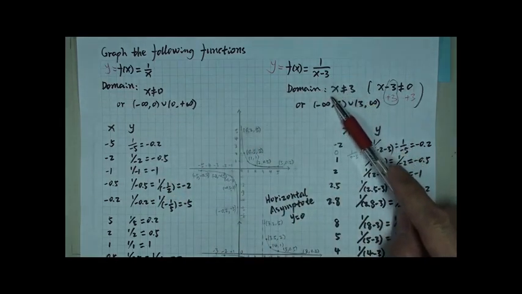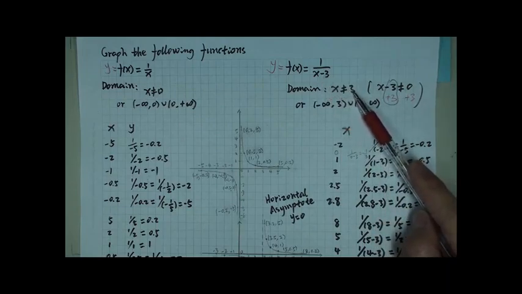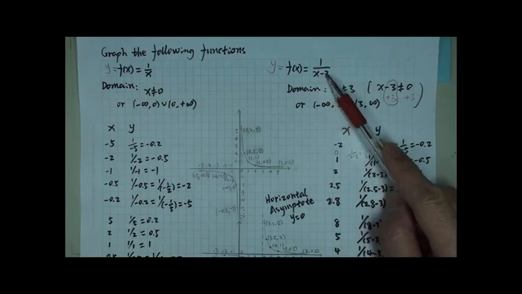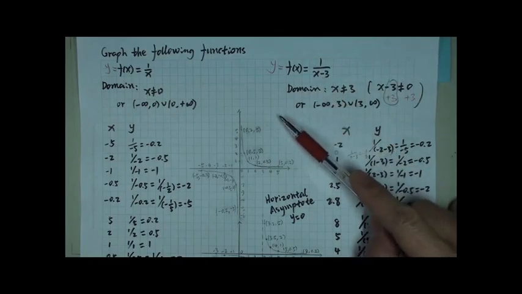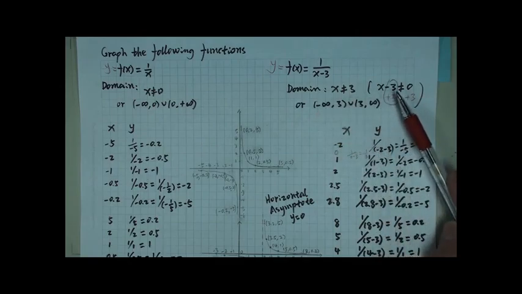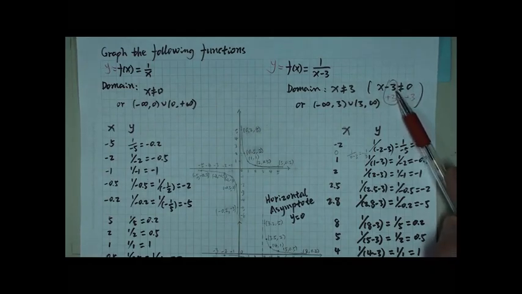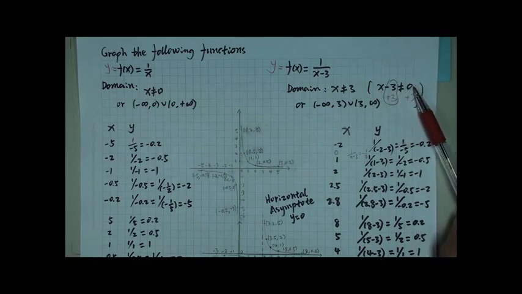Similarly, for this one, x cannot be 3. If x is 3, 3 minus 3 gives you 0. You may do it in an algebraic way: x minus 3 cannot be 0. Add 3 to both sides, and you cancel the negative 3. Then x cannot be 3, because 0 plus 3 is 3.